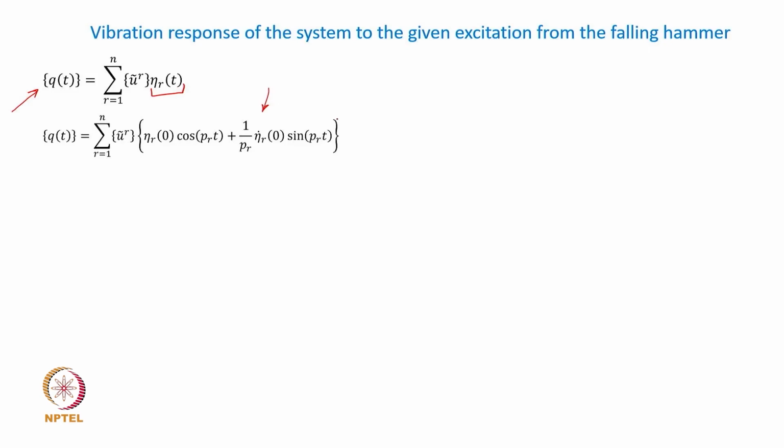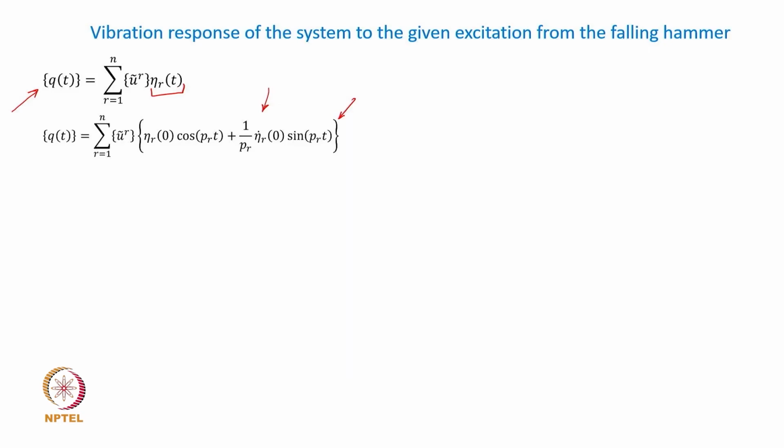This is quite similar to writing Cr cos(pr t minus phi r), right. This is the same expression written in a slightly different form, and we have discussed this in the foregoing slides as well.